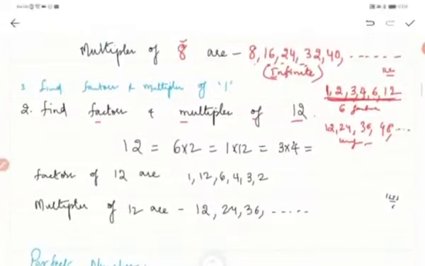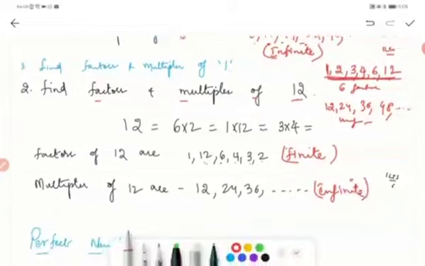So factors you've got 1, 2, 3, 4, 6, 12, okay. So these are finite. Factors will be finite, whereas multiples are infinite, okay.